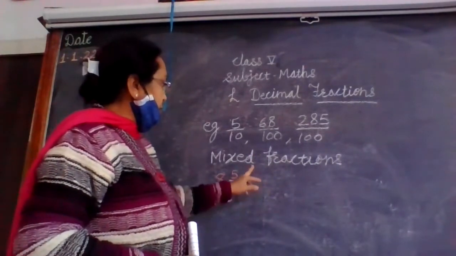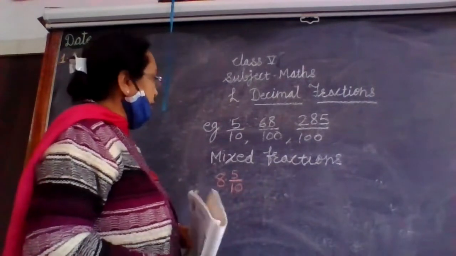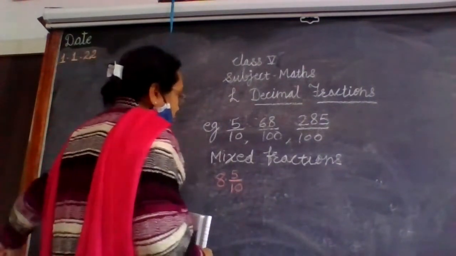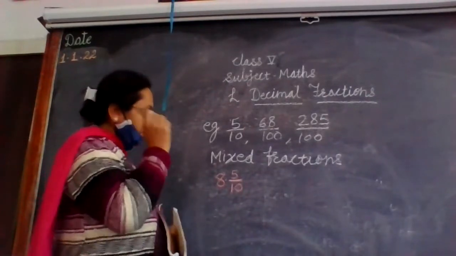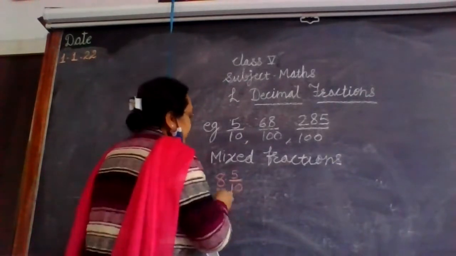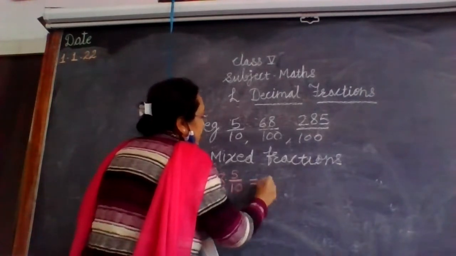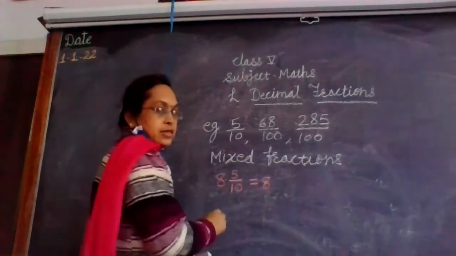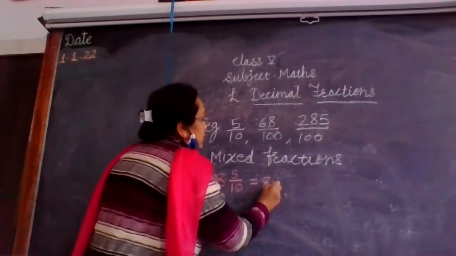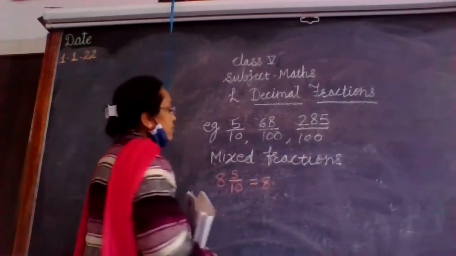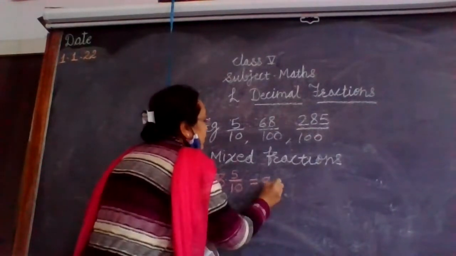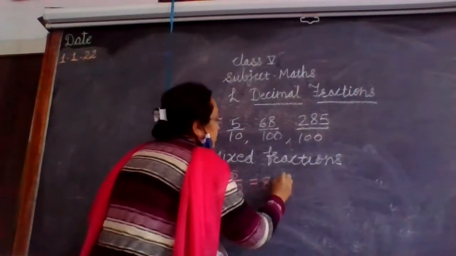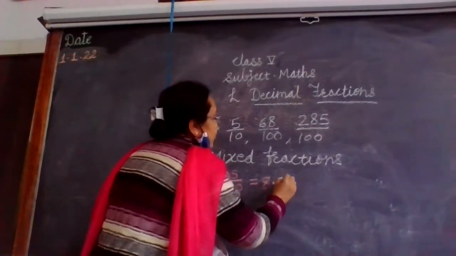Now we can write this mixed fraction as a decimal fraction using a decimal point. So 8 is the whole part, then it is demarcated with the decimal point, and this fraction 5/10 is written as 0.5.